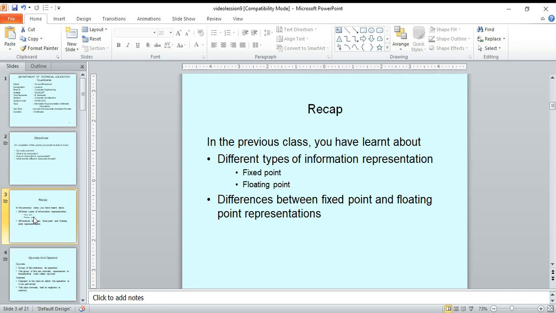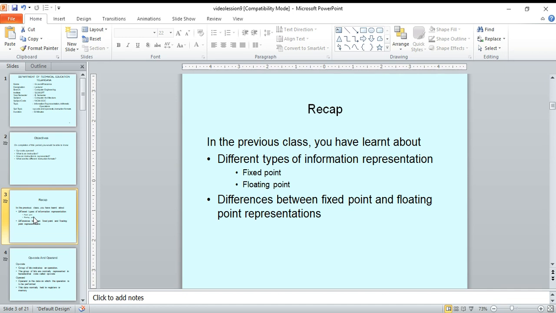Nine's complement means every digit of the decimal number is subtracted from 9, so we get the nine's complement of the given decimal number. Then signed ten's complement is obtained by adding one to the nine's complement result, so you will get the ten's complement of that number. This is fixed point representation.